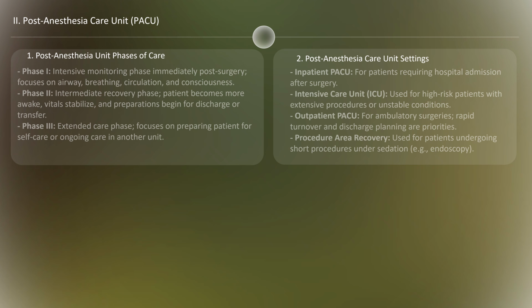And then procedure area recovery, used for patients undergoing short procedures under sedation, like endoscopy.